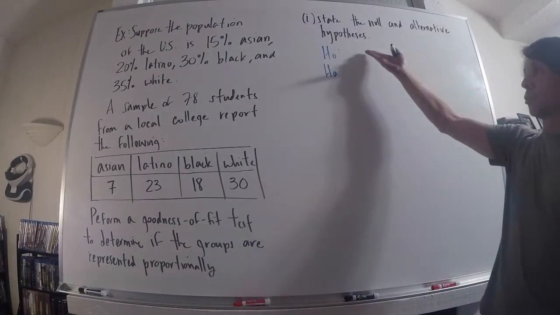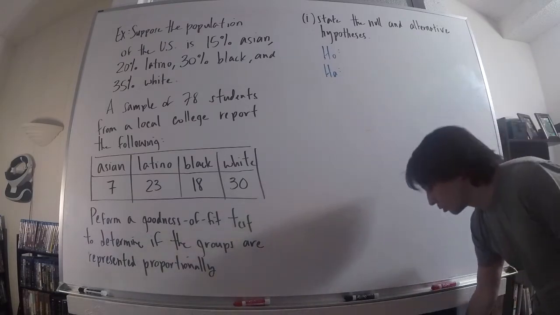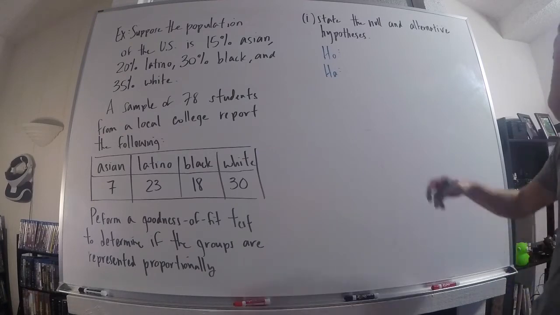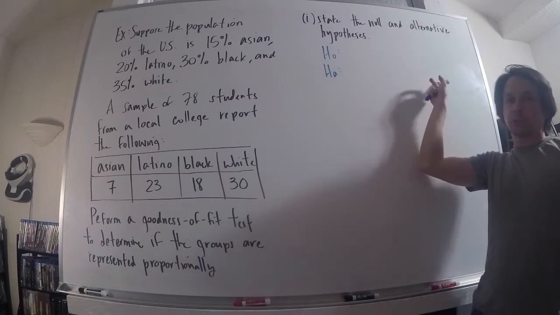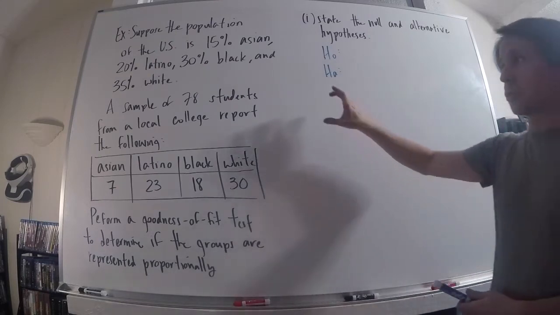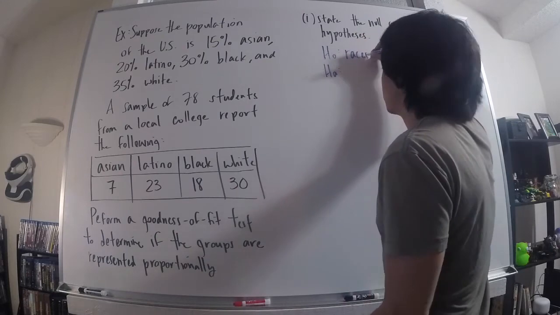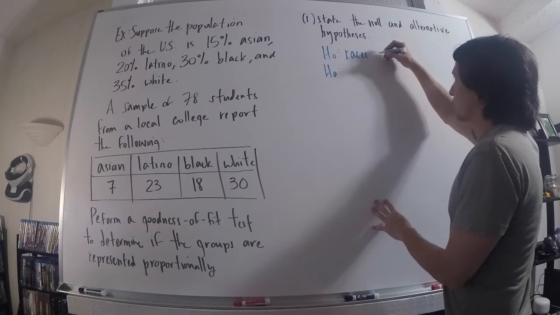If it was proportions, it would be p. If it was means, it would be mu. And if it's a chi-squared goodness of fit test, it is a phrase that you have to capture the idea of the distribution is as expected, the distribution is not as expected. And in the context of what we're trying to test for, you can say the races, they're ethnicities, not races, and I do know the distinction, but let's go with this.